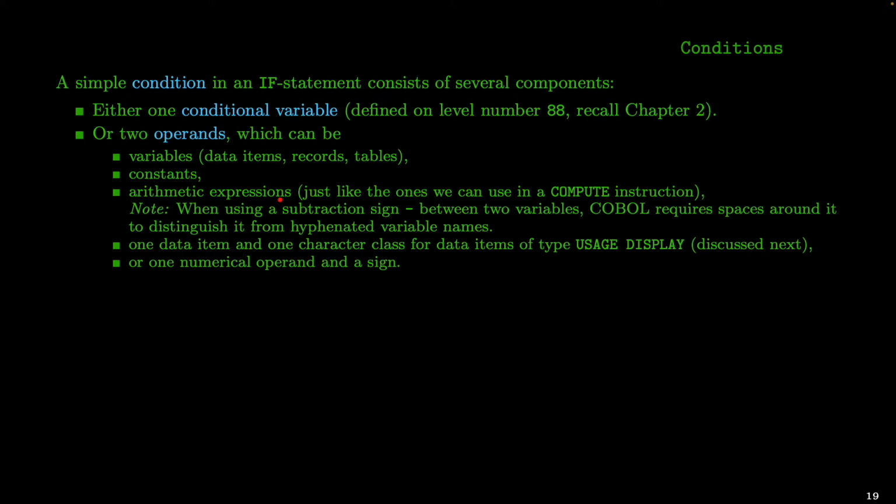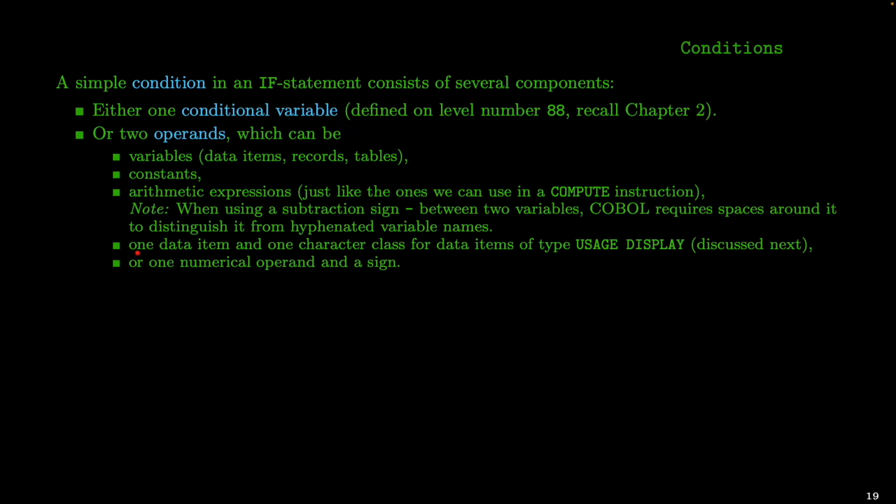Now, one thing you have to consider when writing down arithmetic expressions is that if you use a subtraction sign, so the minus, between two variables, then you require spaces between the variable names and the minus sign, because otherwise COBOL might mistake it for a hyphenated variable name. So I tripped over that a few times and was a bit confused what I did wrong. But I'm telling you now, so you don't make the same mistake.